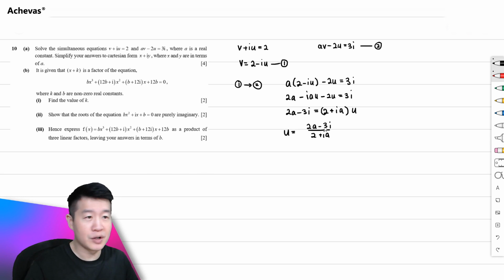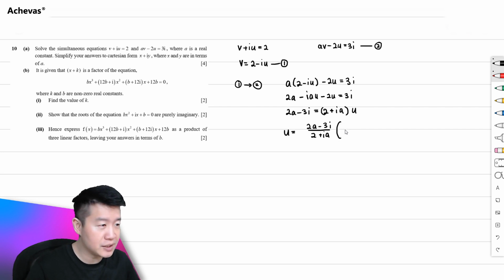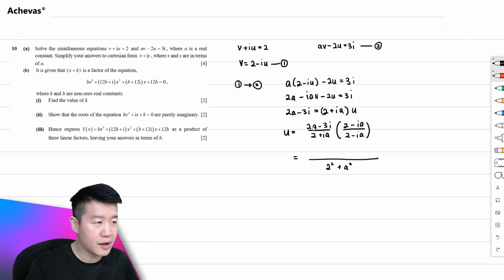And we are going to try to rationalize this because we are supposed to give our answers in the form of x plus iy. So let's rationalize this by multiplying the numerator and the denominator by 2 minus ia. The denominator will be 2 squared plus a squared. Then the numerator will be this times this.